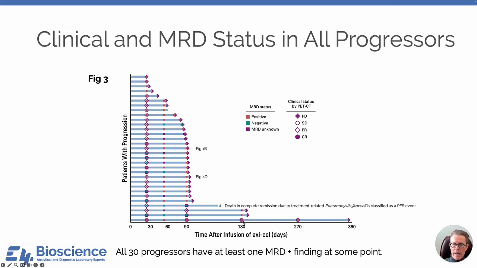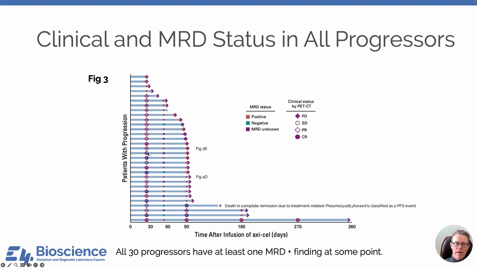Even though over time, this patient was MRD positive, you can see they didn't progress until day 360. So, this is actually a pretty good outcome if you're going to progress. That's giving a fair bit of time. There are a couple other ones worth noting here. Figure 1b, remember that progressor that we talked about? They started in a partial remission. We knew that they were MRD positive. They continued to test MRD positive, and by the time they reached day 90, they had progressed.